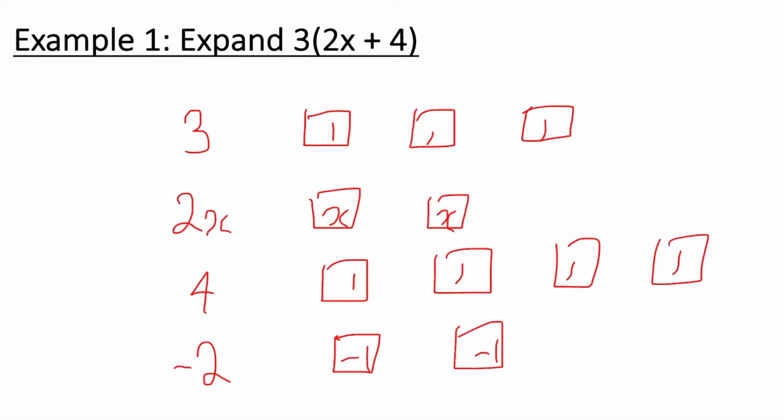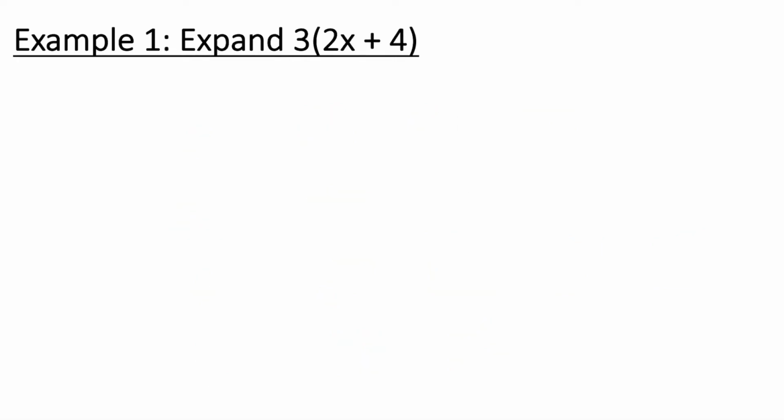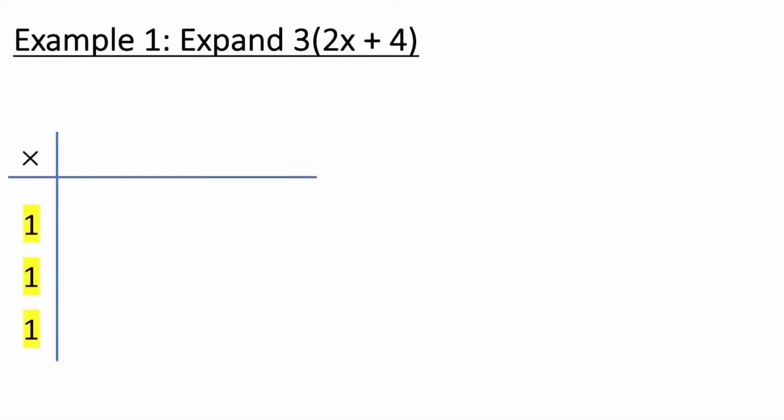Moving on now, we have this problem, and we can set up our grid and start to place our tiles. For 3, we'll have 3 tiles of 1s. Then we have 2x plus 4 in the brackets, so you have 2 tiles of x's and 4 tiles of 1s. Now all we are going to do is multiply out what we have set up.